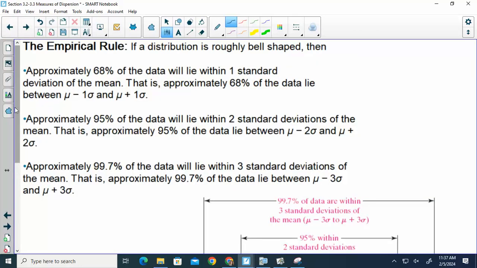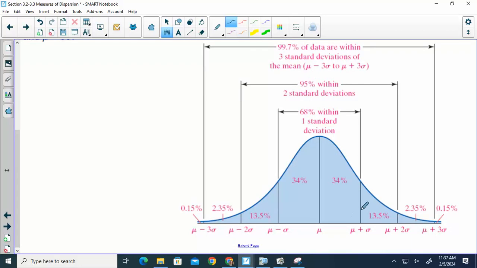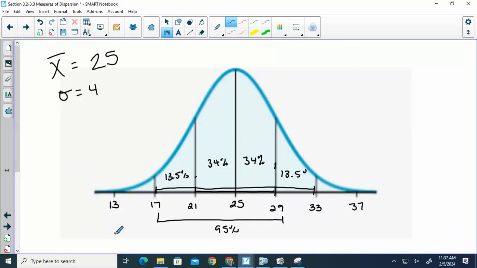So I think that little picture that I had on your notes had these percentages, but that's where they're coming from. So within 3 standard deviations, we said 99.7. Okay, so that's an additional 4.7%.